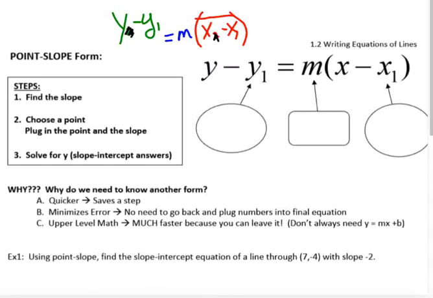So it's different information that we know with this. So the things that we're going to plug in is the slope into this form, and we're going to plug in 2 points. We're going to have our y from a given point, and then we'll have the x from a given point.